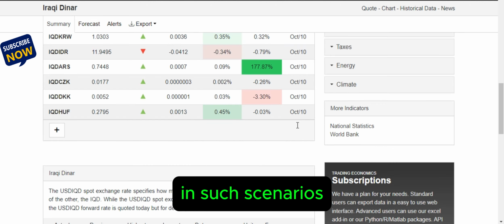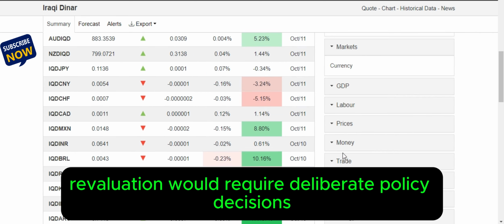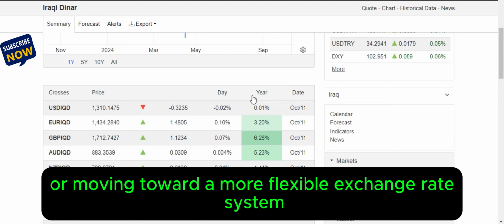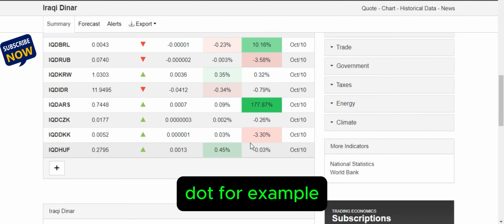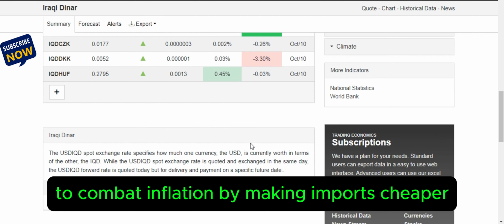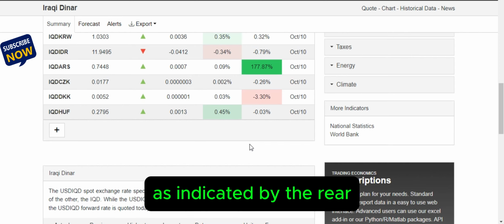In such scenarios, revaluation would require deliberate policy decisions, such as adjusting the peg or moving toward a more flexible exchange rate system. For example, a central bank might choose to revalue its currency to combat inflation by making imports cheaper or to align the currency with its true market value, as indicated by the REER.